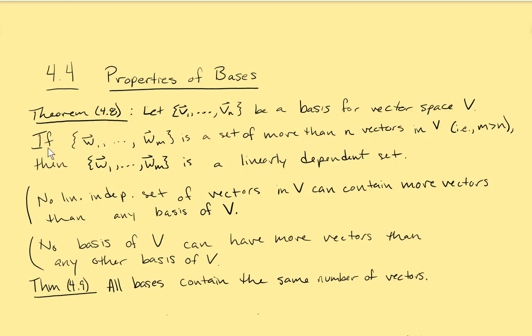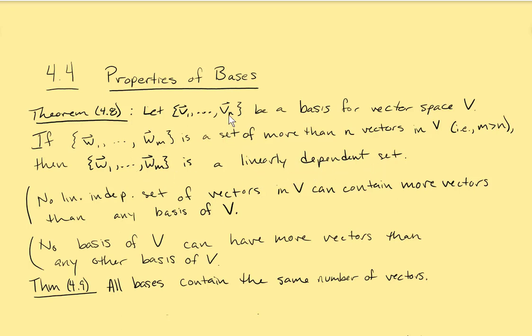So this theorem is saying, if we have that basis for the vector space V, and we also have a set of vectors w1 through wm, so m vectors here, n of them here, and this is a set of more than n vectors in V, then this must be a linearly dependent set.